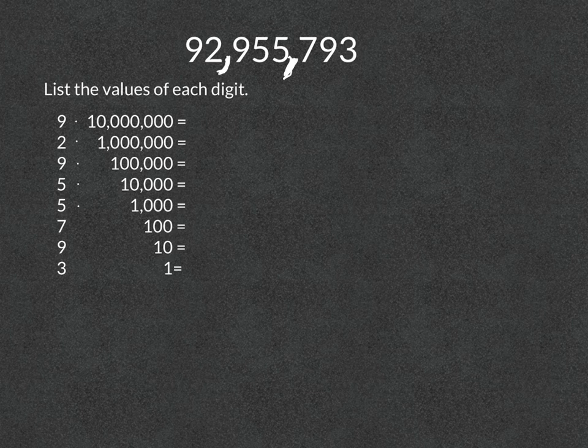So if we were going to look at these digits as values, I would say 9 times 10 million, because it's in the 10 millions place, is 90 million.